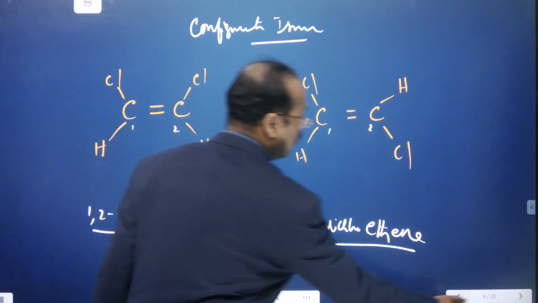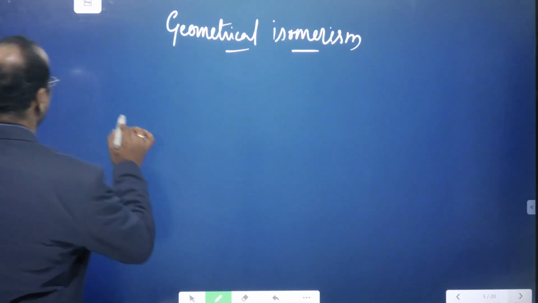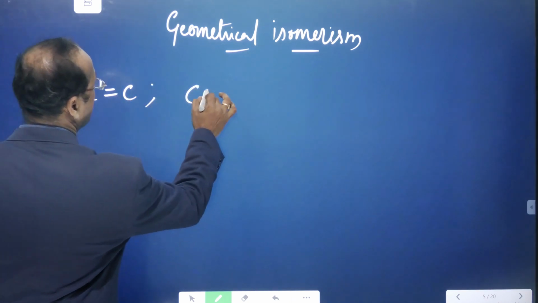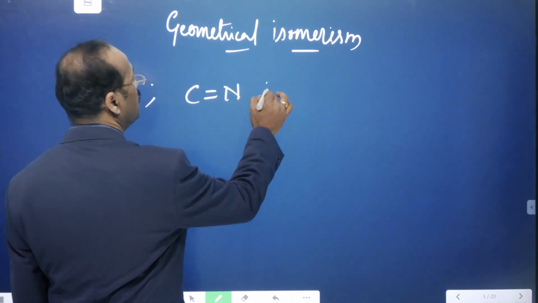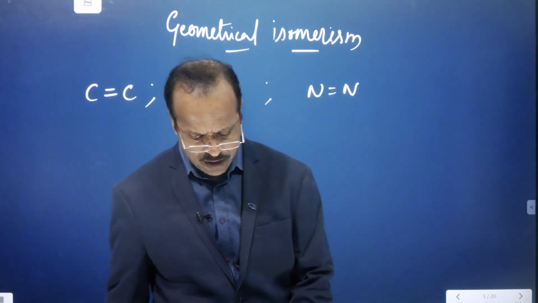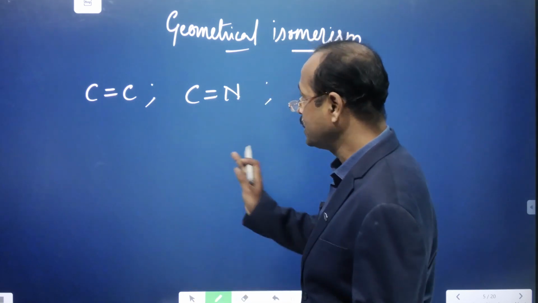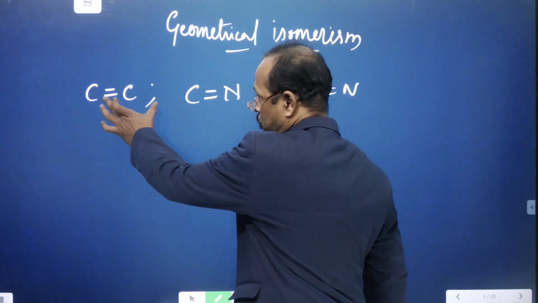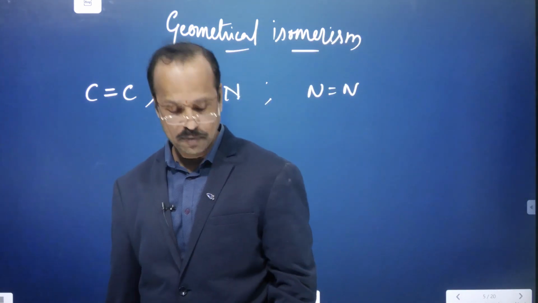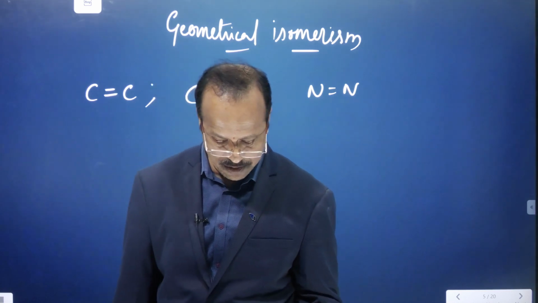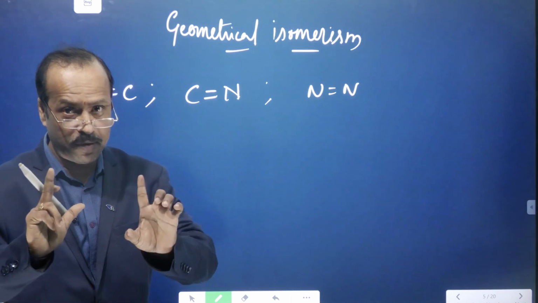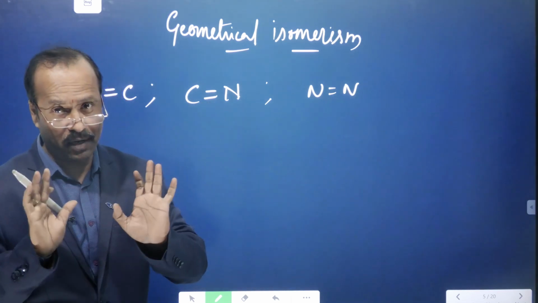The double bond can be carbon double bond carbon, carbon double bond nitrogen, or nitrogen double bond nitrogen. If it is there, then geometrical isomerism is possible. Clear to you? Remember that geometrical isomers are not interconvertible.